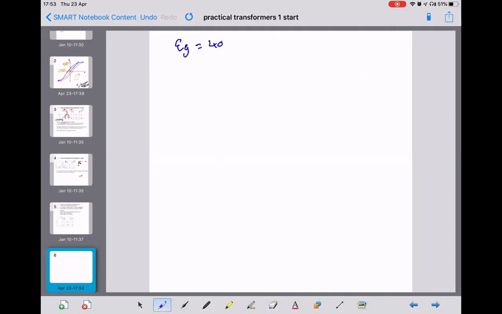E_G is 400 volts. We'll pull out what we know. And I_O, 8 amps. We don't know anything about any phase angle at the moment, but we know it's 8 amps, magnitude.